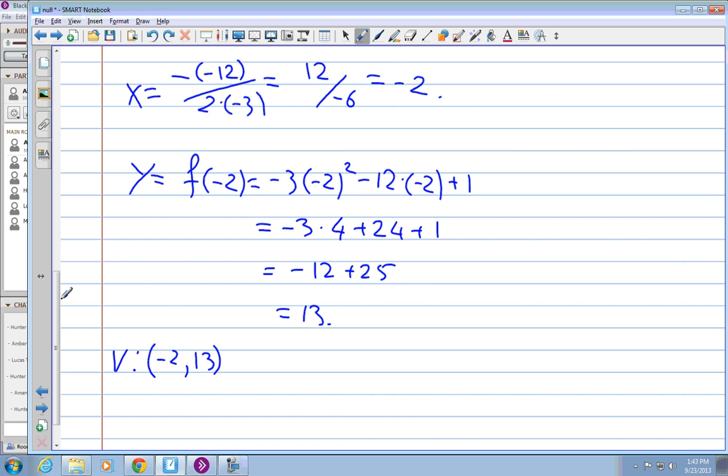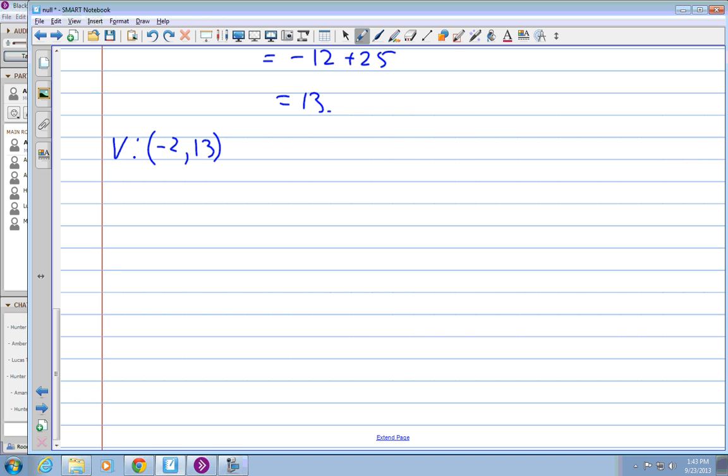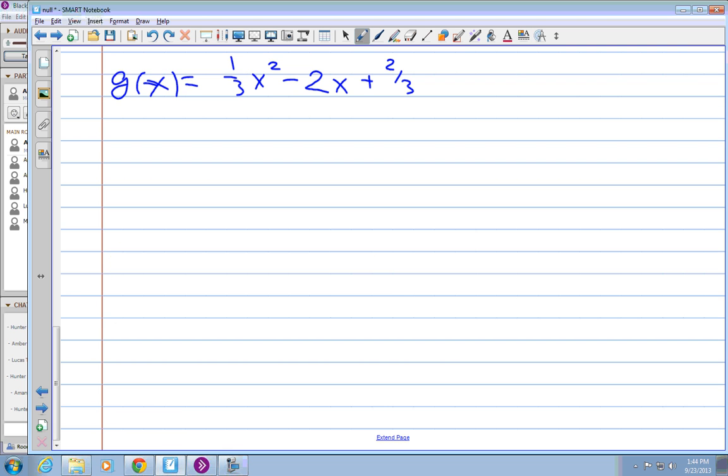If I give you something ugly, like that, g of x equals 1/3 x squared minus, what would be a good number? Okay, 2x plus 2/3, something like that. To do this problem by completing the square, we can, it's just a little messier because we have fractions. But we can find the vertex now with relative ease.